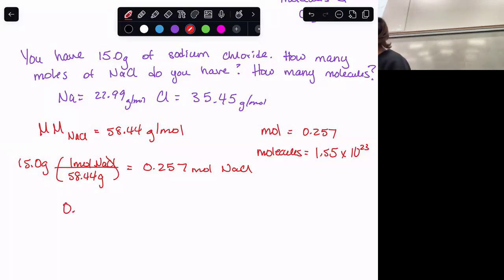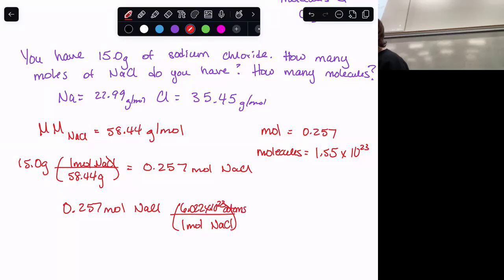Perfect, right, so we're going to take 0.257 moles of NaCl, and for every 1 mole, we have 6.022 times 10 to the 23 atoms. Or sorry, molecules. So we get about 1.55 times 10 to the 23 molecules NaCl.